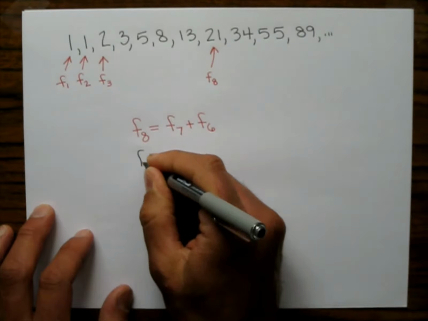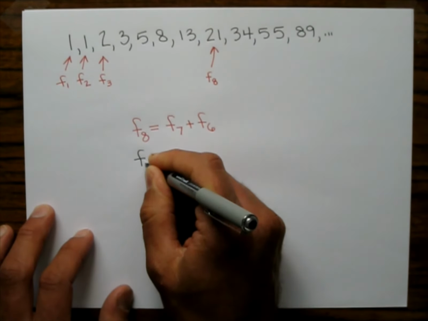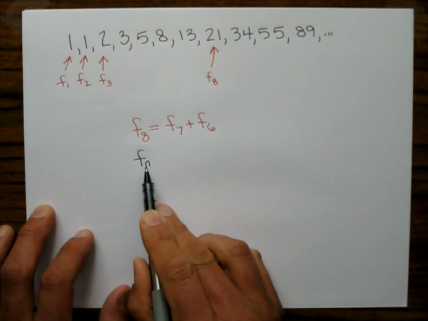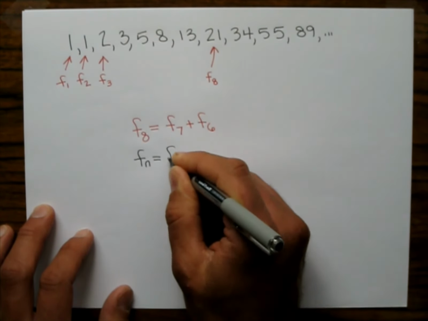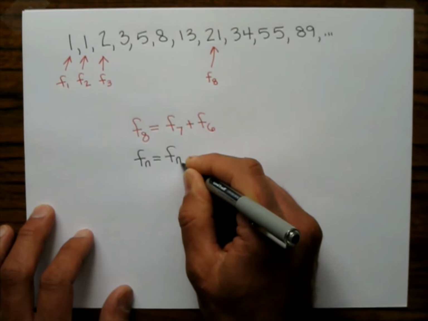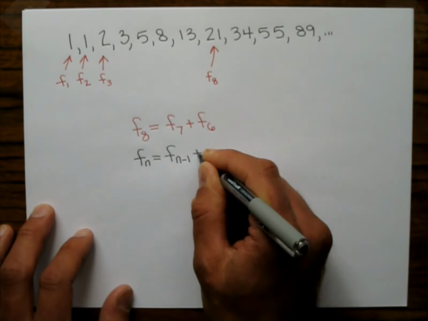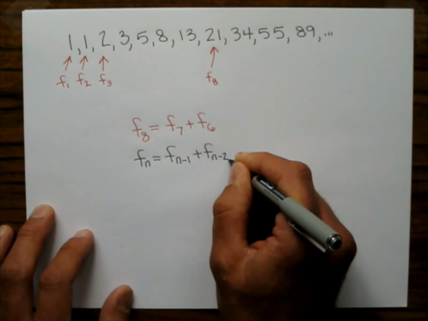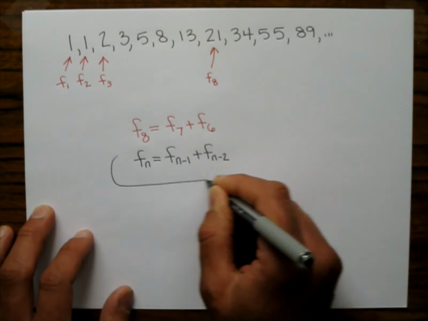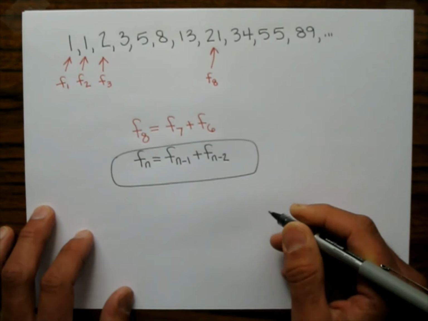So, I mean, some of you might start losing it here, and that's all right. You're not going to be tested on this. Fn, the nth Fibonacci number, is gotten by going Fn minus 1 plus Fn minus 2. This right here is called the recursive formula.